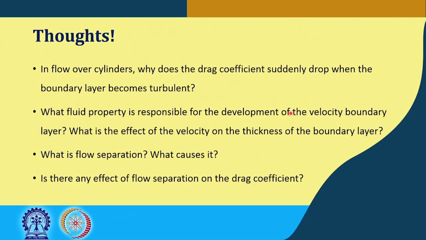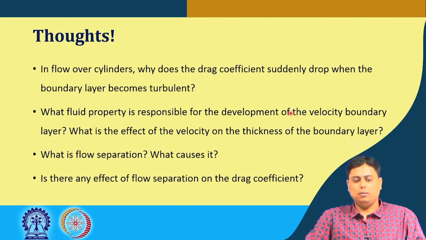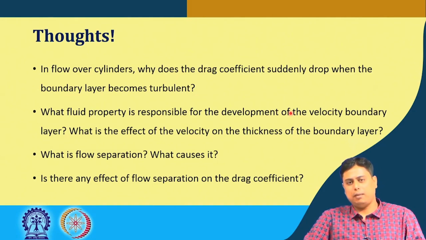Isn't it contradictory? Shouldn't it happen the other way around? But in reality, when there is flow over cylinders, the drag coefficient suddenly drops as the boundary layer becomes turbulent. Why does this happen? Let me give you a hint. It has to do with the flow separation point.